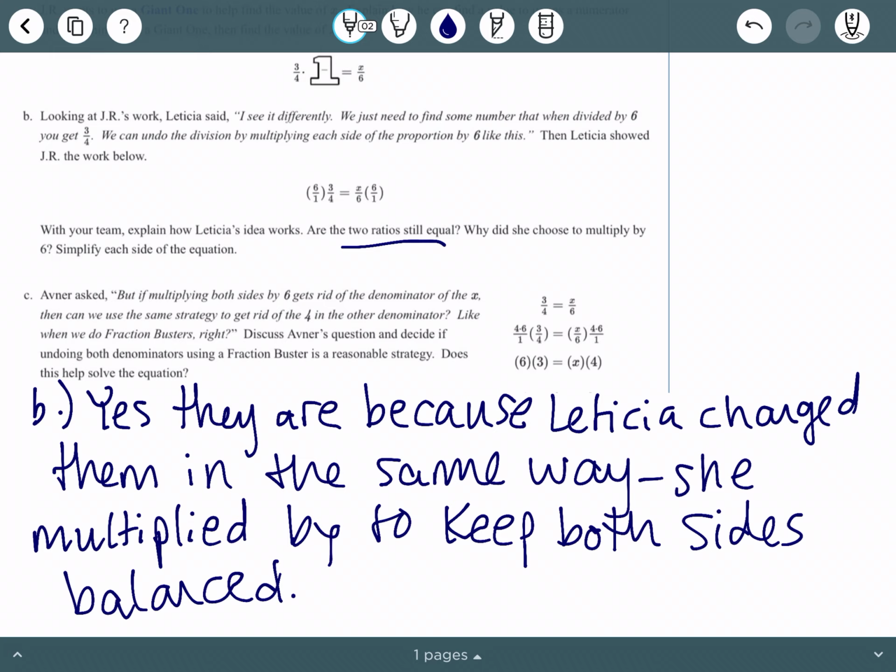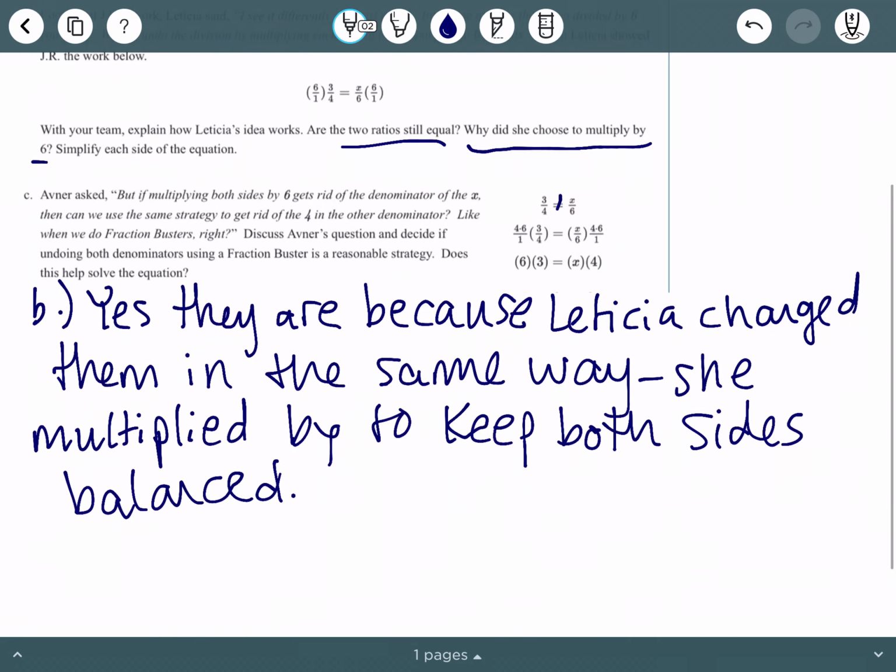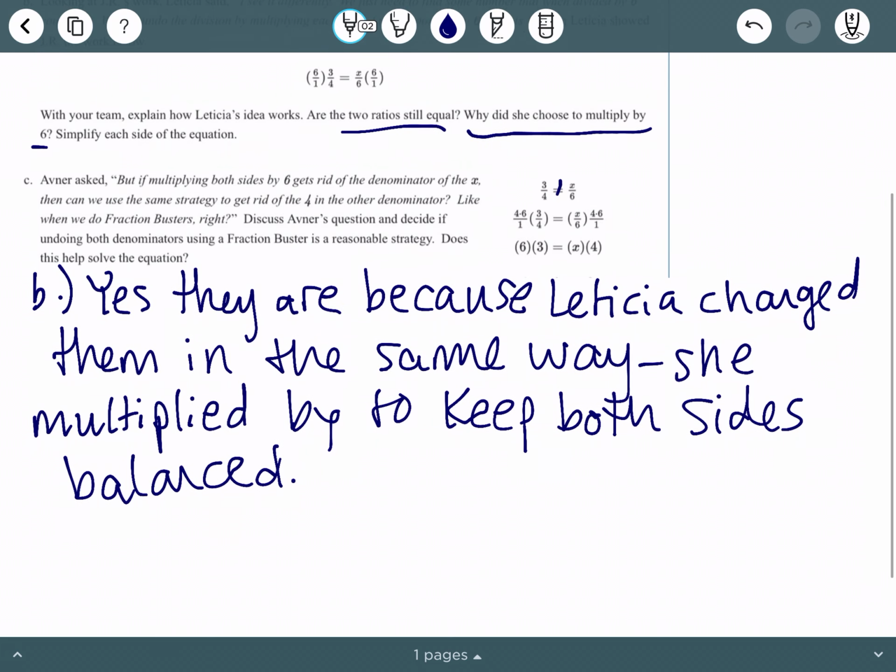All right, now what we're going to do is simplify each side of the equation. Oh, really quick, we do need to answer, why did she choose to multiply by 6? So she chose to multiply by 6 because x is being divided by 6, as you see right here.